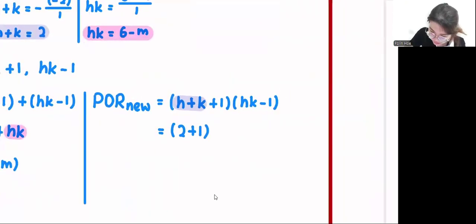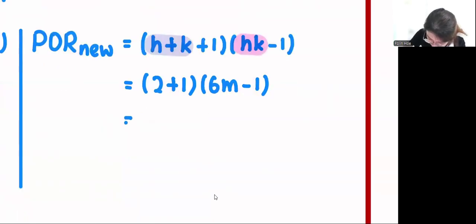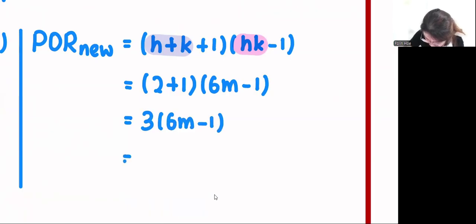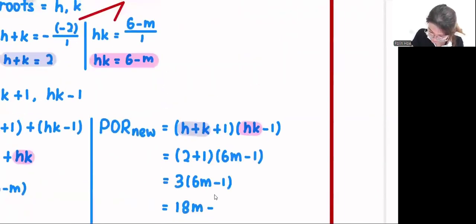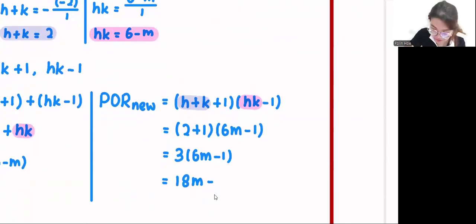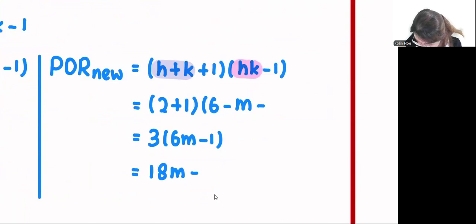HK 我有吗？有。HK 6 minus M. I substitute in. 6 minus M minus 1. So 我这边有 3. 6 minus M minus 1. I expand 18 minus 3M, sorry. 6 minus M minus 1.